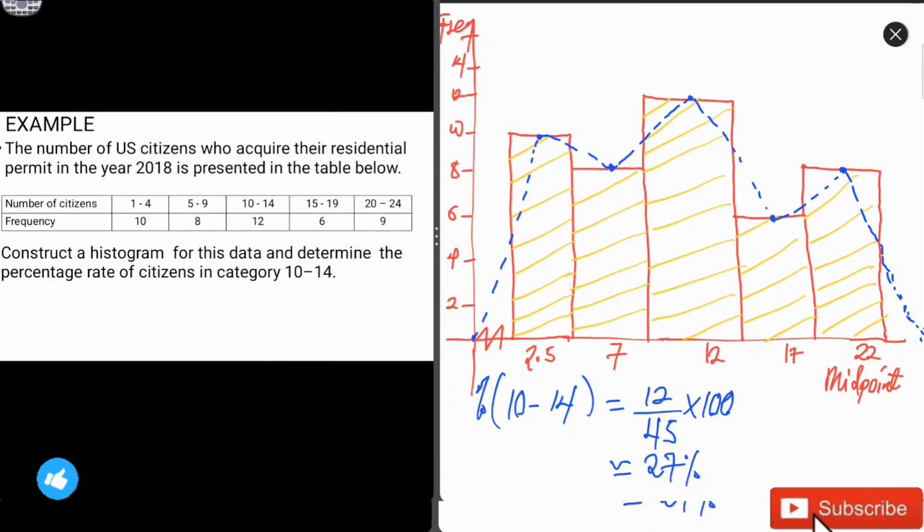So this is the percentage rate of US citizens who acquired their permit within this range, 10 to 14. They had a frequency of 12. So let's take note, the percentage rate is 27%. So basically that is the whole idea about histogram and frequency polygon.